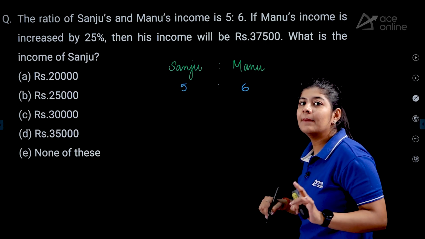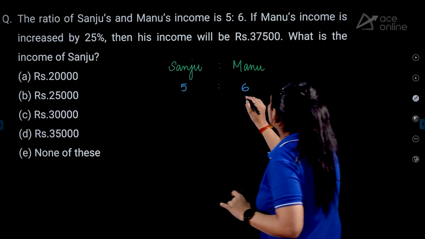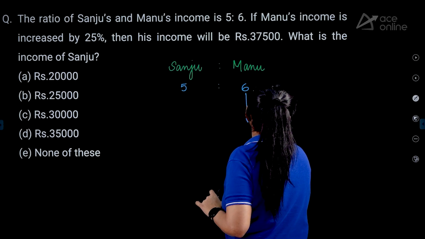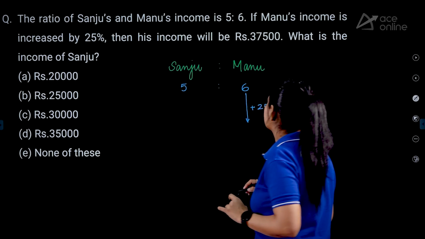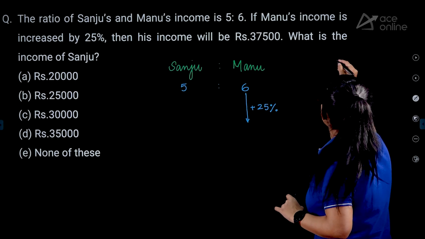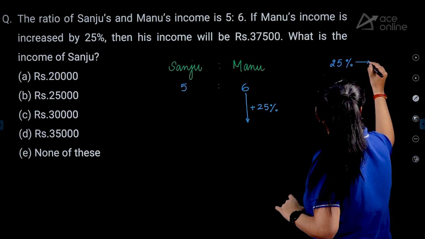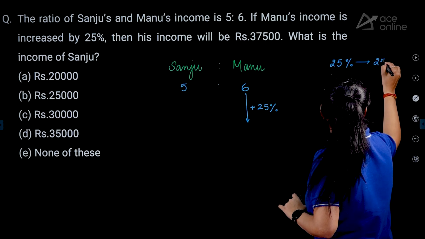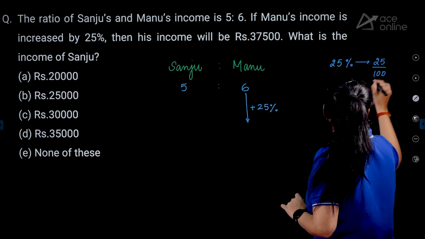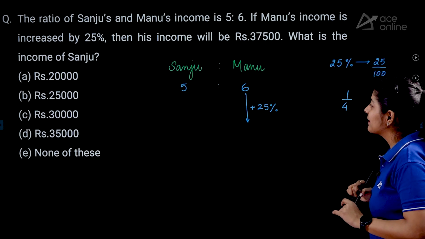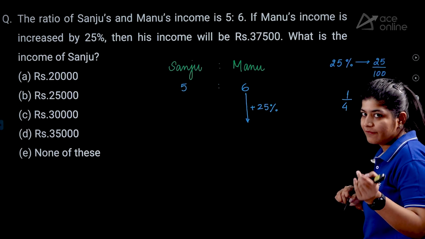But the income of Manu is increased by 25%, right? We know that 25% can be written as 25 by 100, and we can just simply write it as 1 by 4, right?